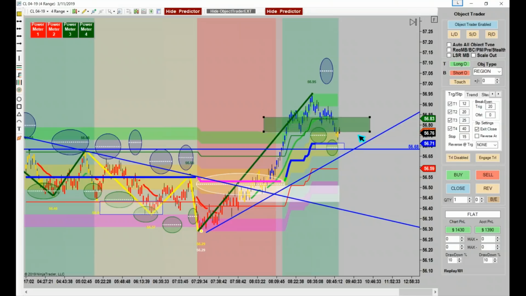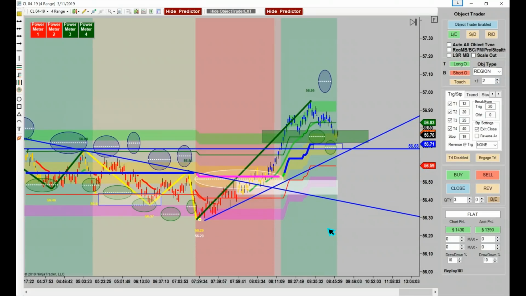So could you actually box it with a 1, 2, 3 reversal and take the trade? And the answer is yes. That would need to be touch plus. Touch plus 2.